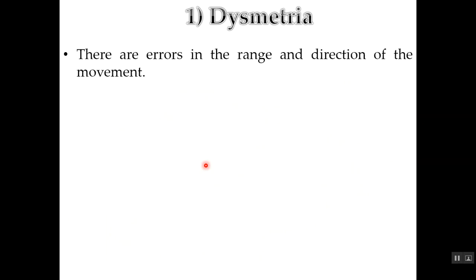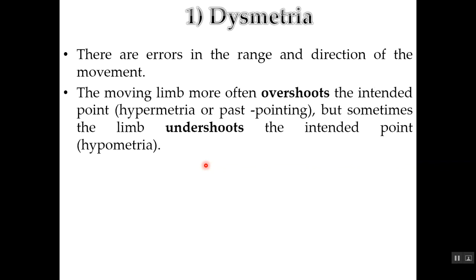What about dysmetria? In dysmetria, there is an error in the range and direction of the movement. The moving limb more often overshoots the intended or target point, and this is called hypermetria or past pointing, or sometimes the limb undershoots the intended point. This is called hypometria.